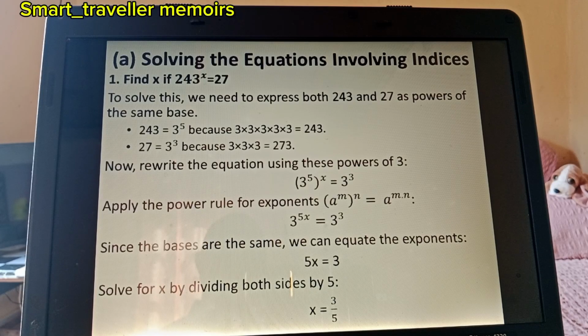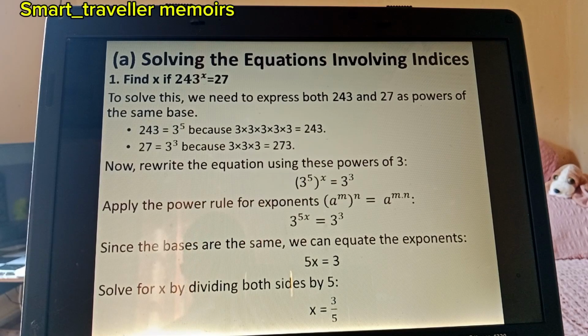That is, you multiply m times n. And therefore, using that rule, 3 raised to 5 in bracket x will be converted to 3 raised to 5x, because you are multiplying 5 and x, which is equal to 3 cubed.